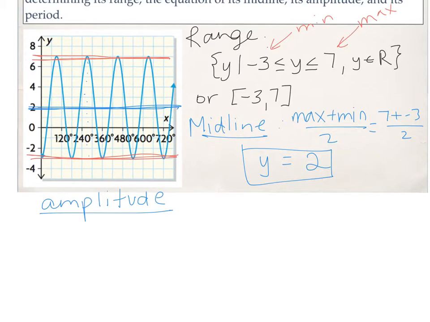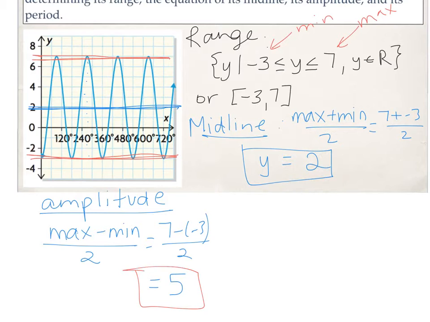But you can also use the equation. Remember, the equation is max minus min divided by 2. So it's 7 minus -3 divided by 2, which is 5. So the amplitude is 5. But you don't need to show that work. You could have just written 5 by looking at it.